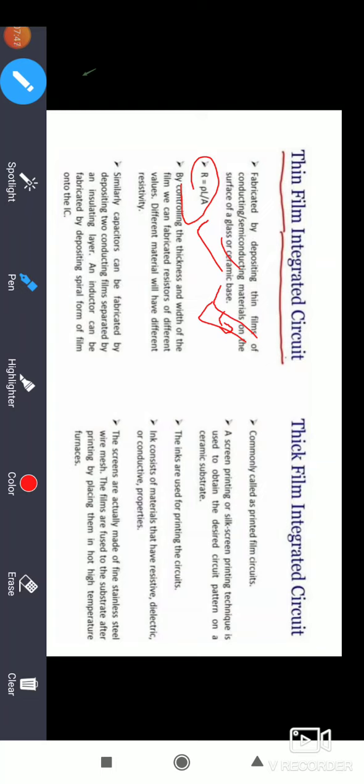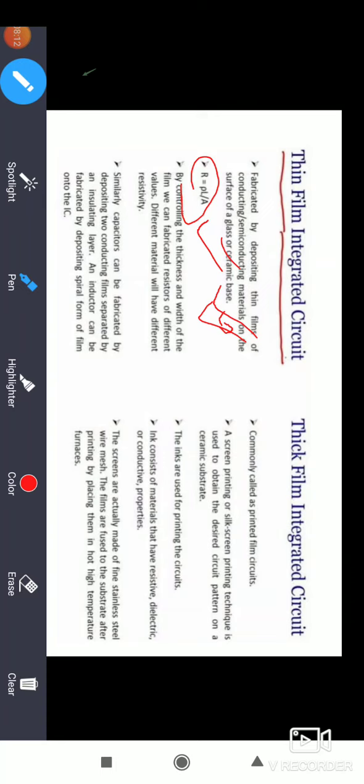Similarly, capacitors can be fabricated by depositing two conducting films separated by an insulating layer, that is, a dielectric. An inductor can be fabricated by depositing a spiral form of film onto the IC. So resistors, capacitors, and inductors can be fabricated on the thin film IC.